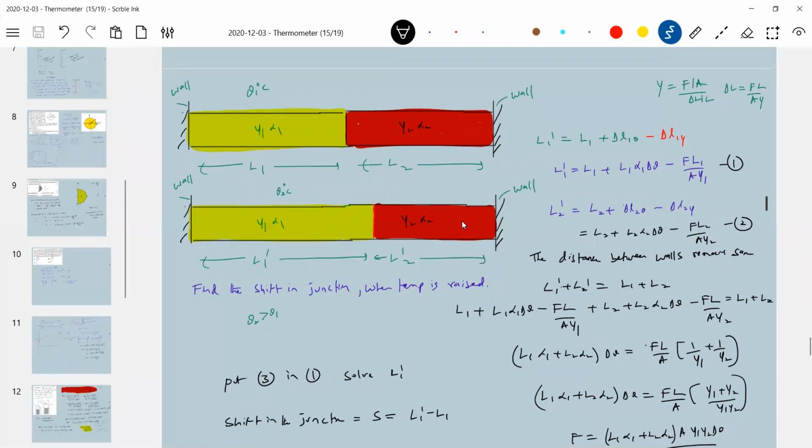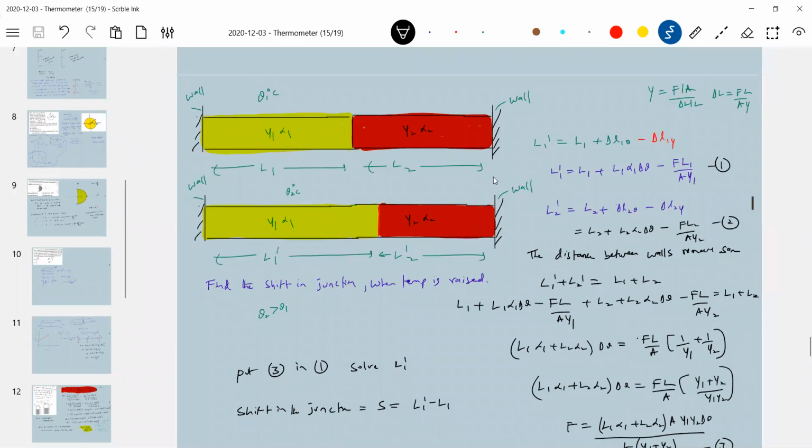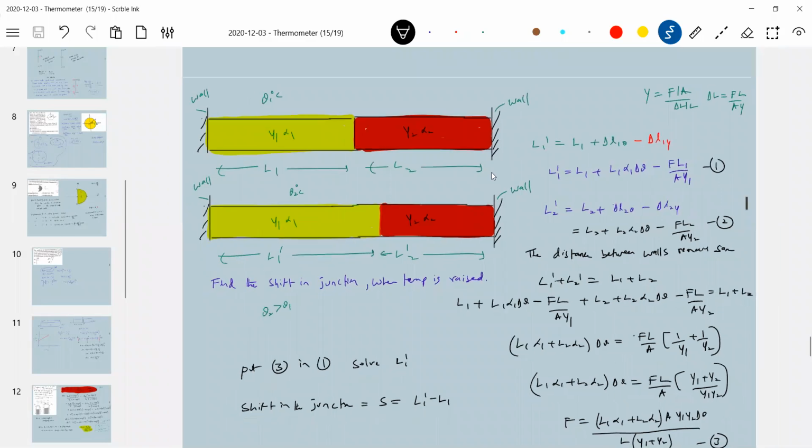So what is actually the basic concept? One rod will expand, the other will oppose. Anybody having doubt? Because this is a basic concept. Yesterday we discussed thermal stress, in the previous class. So now you can ask questions.